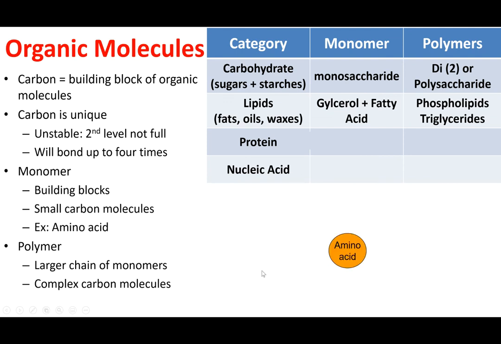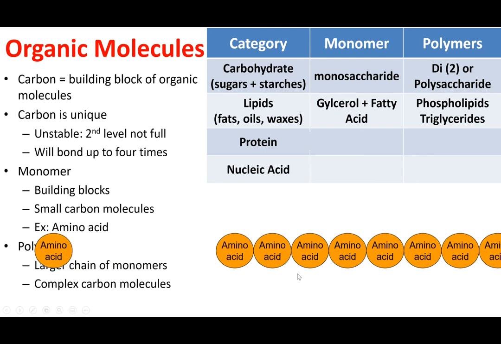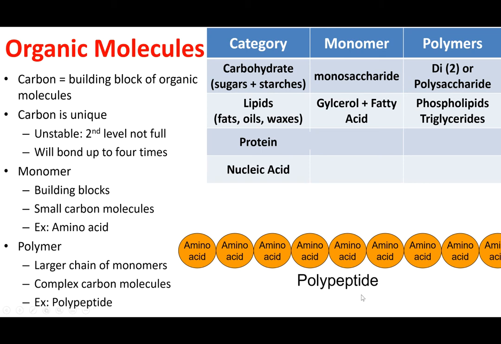For proteins, your monomer is an amino acid. If you put lots of amino acids together, you get a polypeptide. When you put polypeptides together, you get a protein.